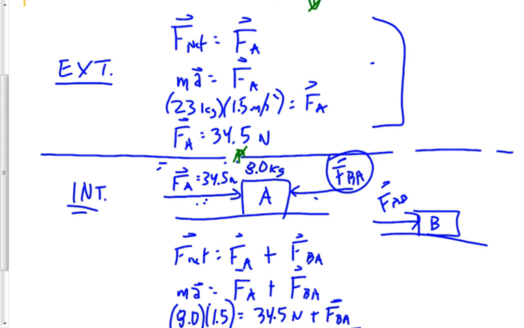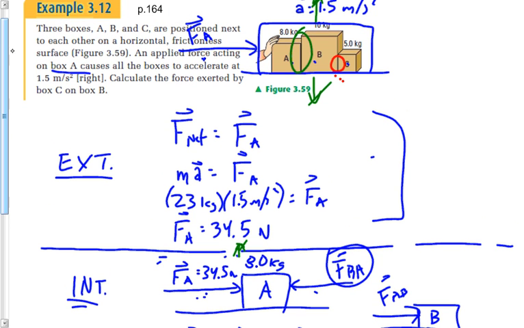Okay, that's an even better question. Now Spencer's saying, she's all good with this now, I think. But she's saying now, why when we analyzed object C did we not take into account the applied force then? Well, if you look at the individual forces, FA is pushing on object A. A pushes on B, B pushes on C. Force A doesn't apply a force directly on C. Now, if it wasn't there, there would be no force of B on C. The value of force B on C is dependent upon the force that we push on object A with.